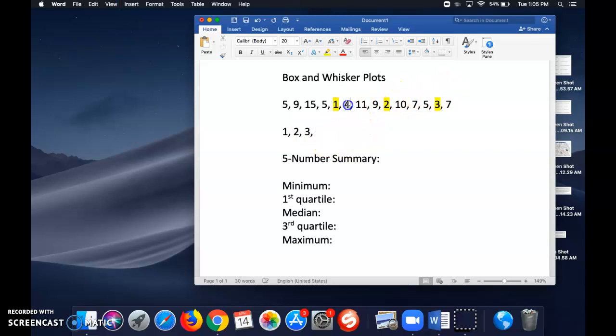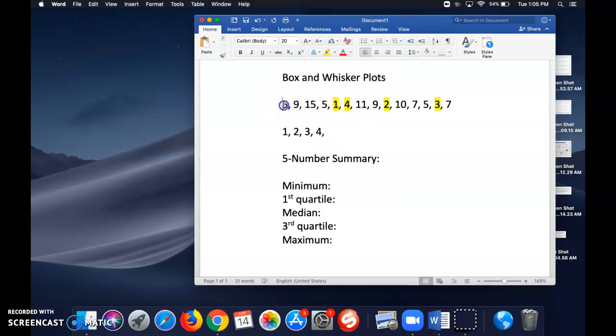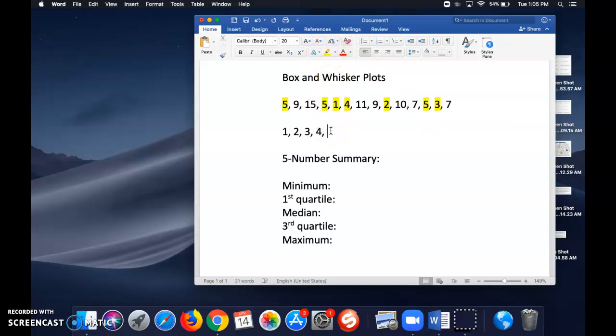I do see a 4. I see 1, 2, 3 5s. So all 3 5s go here.